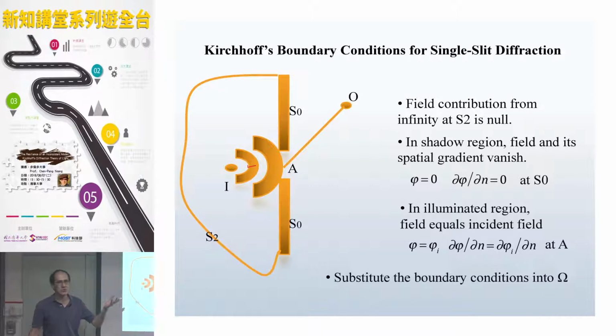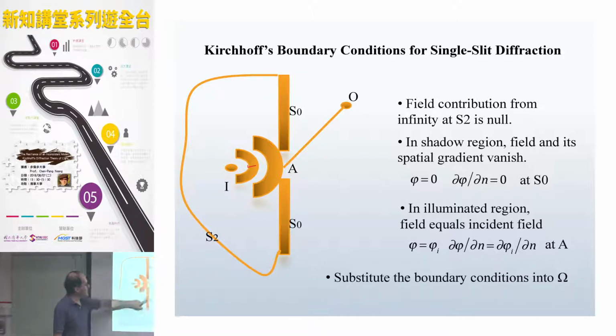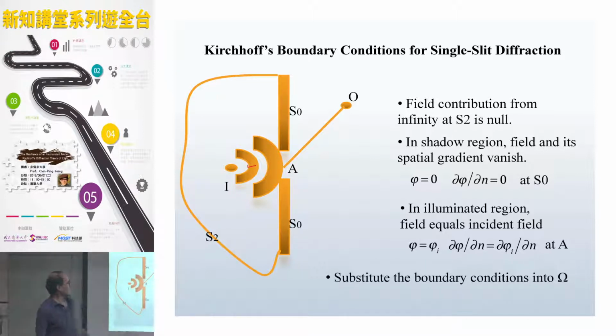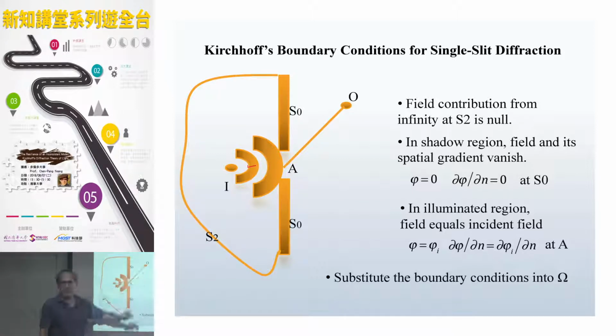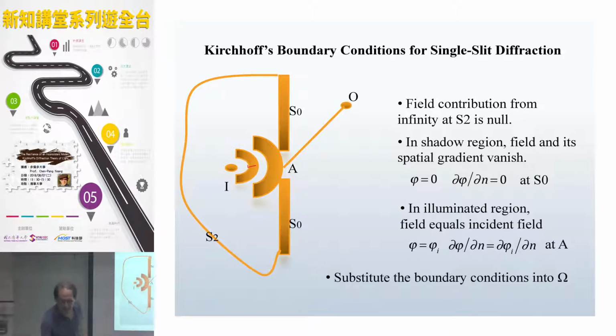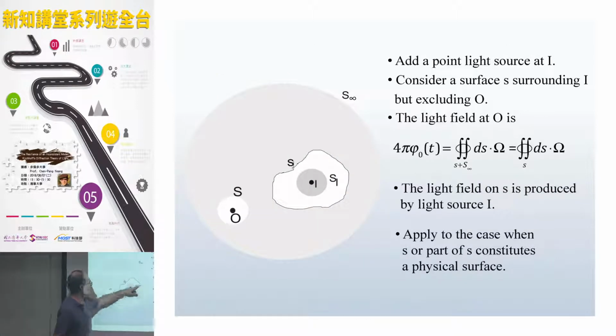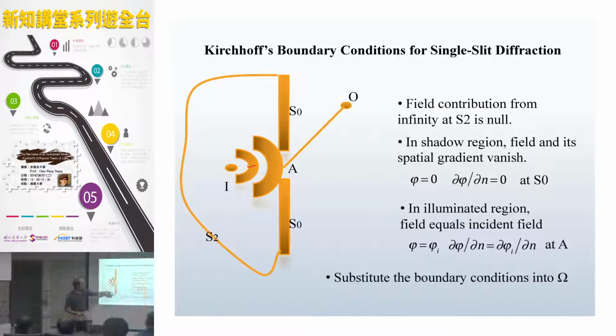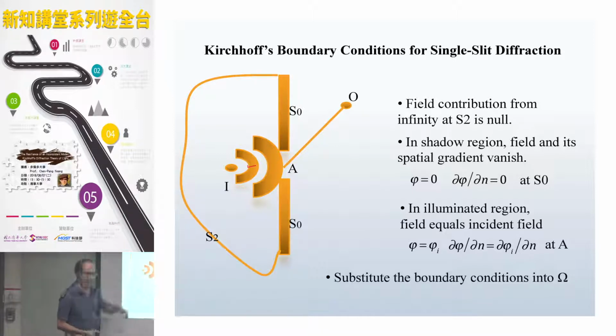So now, back to the standard scenario for diffraction. Again, you have a screen S0, and you have aperture A, and you have point light source I, and you have the point of observation outside the screen. So consider this closed surface. This is exactly the surface S that Kirchhoff deals with here, right? So when you consider the surface integral over S2, S0, and A, here's something to consider.